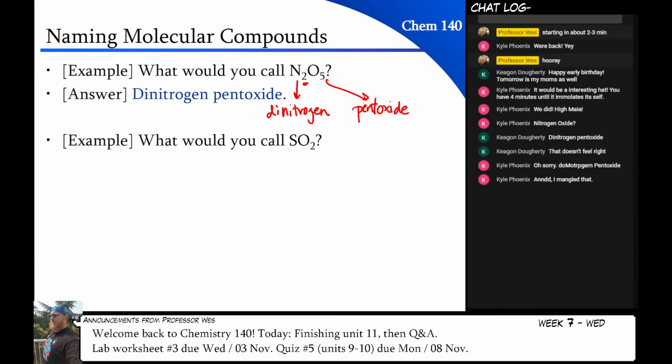All right, try this one. Remember what happens when you have one of the first element. Type your answer in the chat, and we'll go over it in a second.